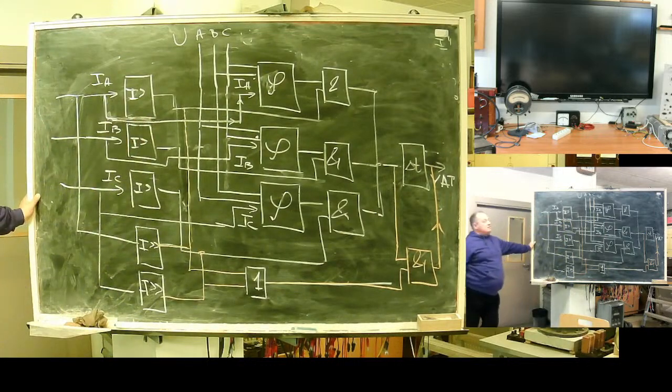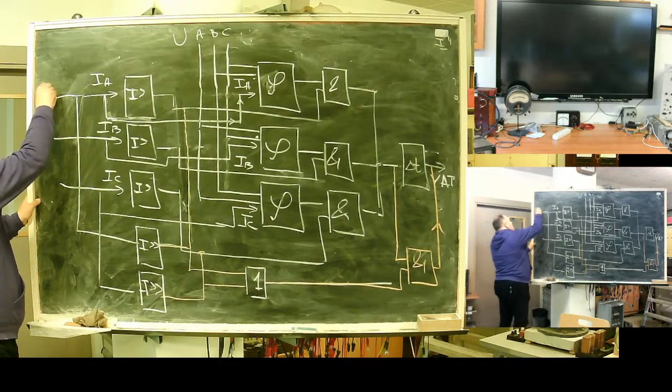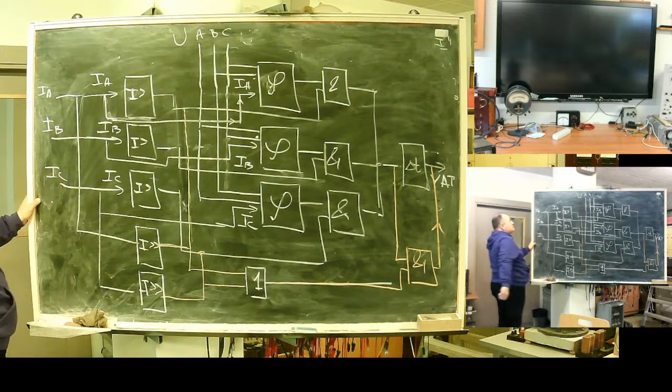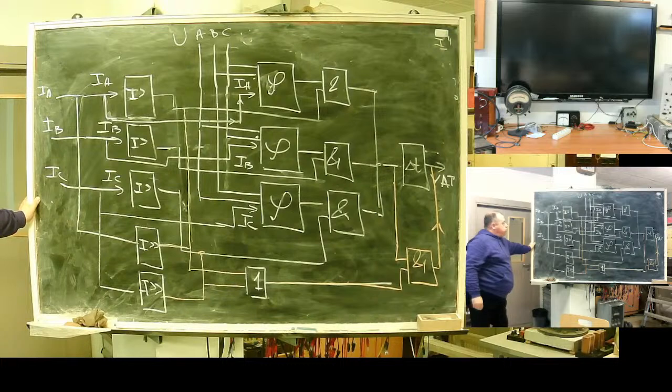Oh, nice schematic. It's a small protection. Only two direct zones. Yeah, finalized. A phase current, B phase current, and C phase current. Boom.